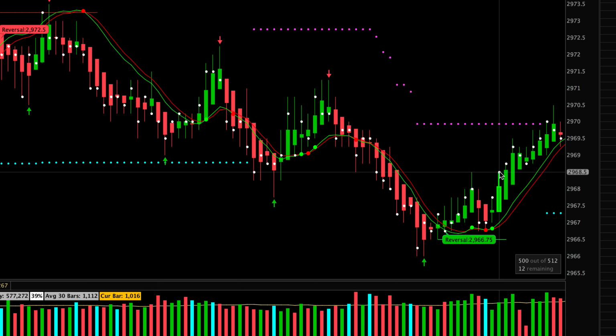So the entire pullback is going to be from here to here. So if this is 2 ticks, then we come back down here where it's 67.50, 67.75, whatever, 68. So if it goes from 68.5 to 67.5, that's 4 ticks of pullback.